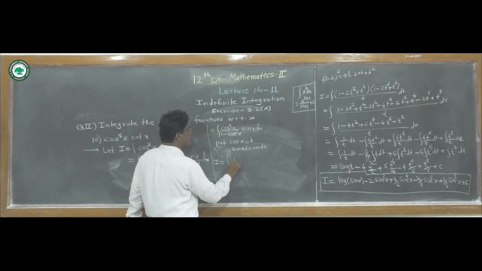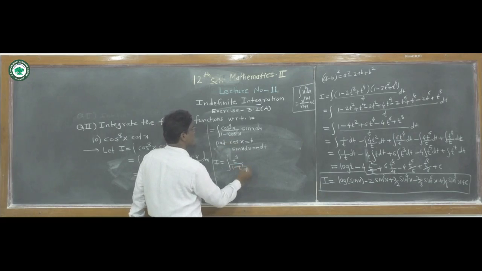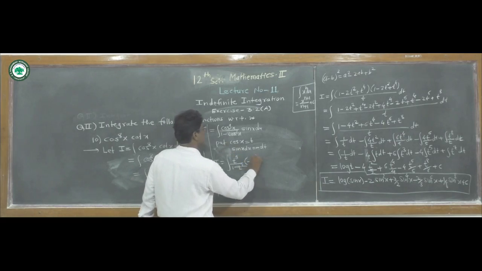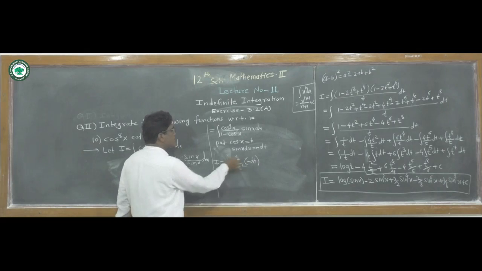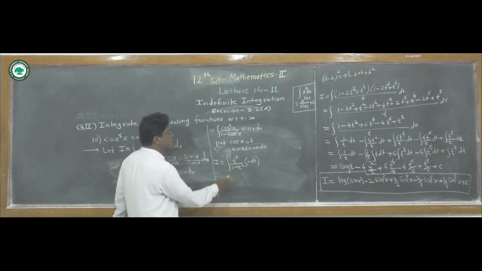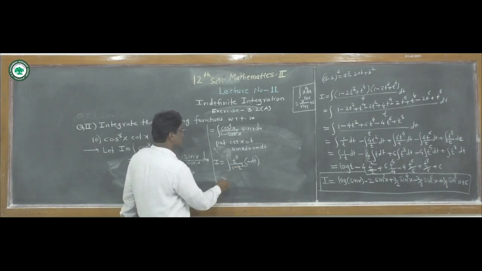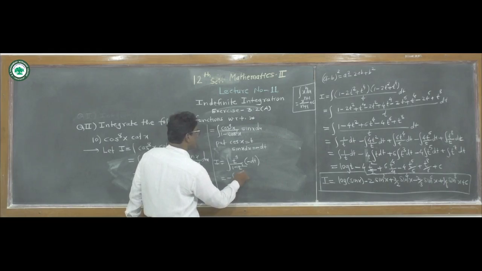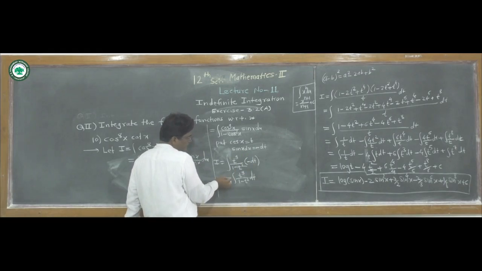Now the required integral I becomes I is equal to integration of, here we put cos x as t, so it is t to the power 9 divided by 1 minus cos square x as t square, and sin x dx is minus dt. Now take this minus sign outside the integral, so we have minus integration of t to the power 9 upon 1 minus t square dt. Again we multiply this minus sign to the terms in the denominator.